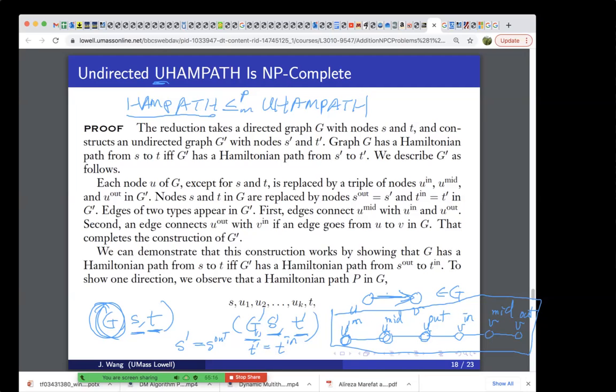Okay, so that is this construction. This is a lot easier. So in the near future, if you go to grad school or go to work, you may at some point encounter such problems. Since Hamiltonian path is NP complete, you can start from there instead of from way back like bounded tiling or 3SAT.